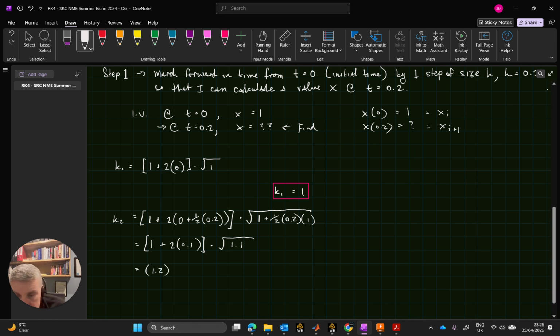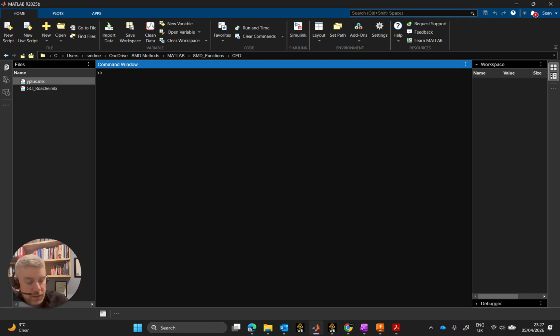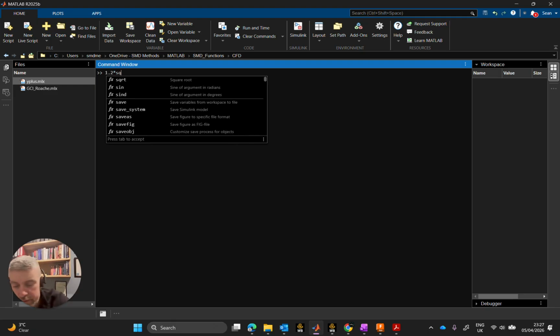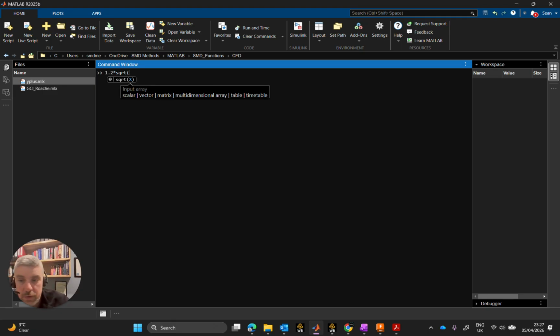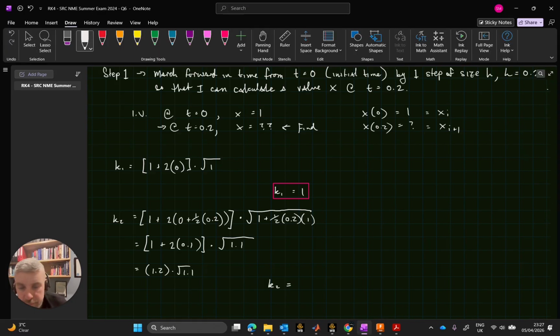So 1.2 by the square root of 1.1. You can say that k2 therefore is equal to, let's go to MATLAB, 1.2 multiplied by the square root of 1.1, close brackets, is 1.2586. Box that off. k2 value.